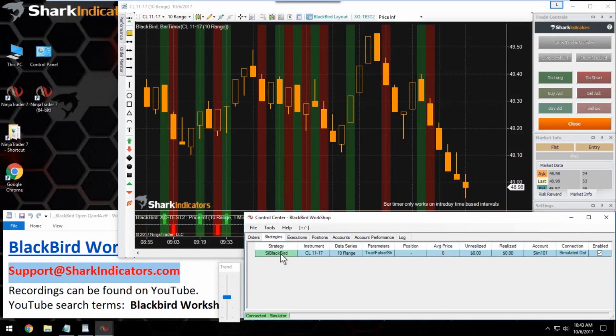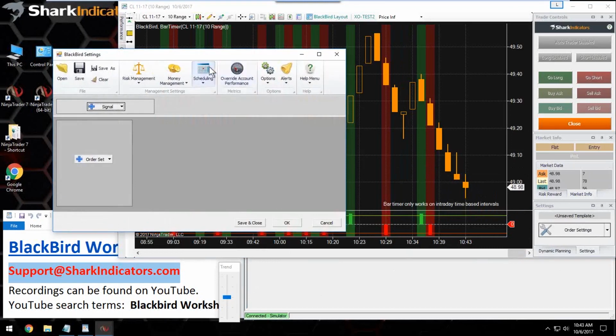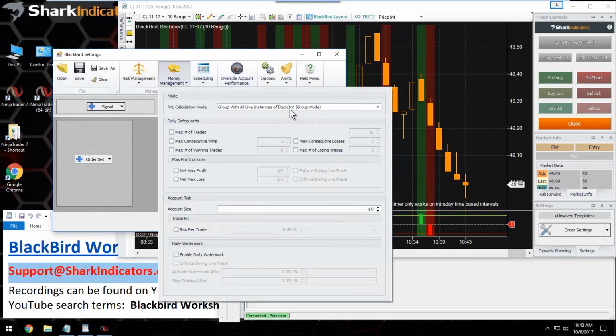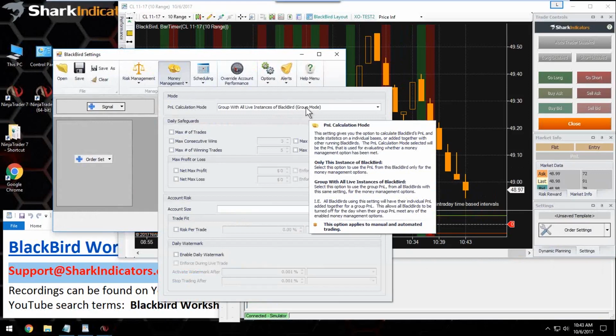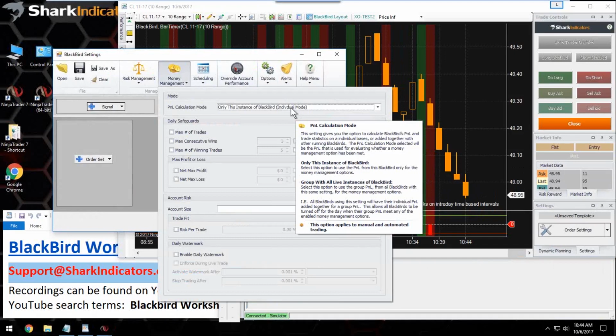But with BlackBird, we have managed to build a cumulative total for all the BlackBirds that are running, but all the BlackBirds must be running in group mode, right? And you can mix and match. So you could have 3 BlackBirds running in group mode, and then you could have a 4th BlackBird running in individual mode, right?